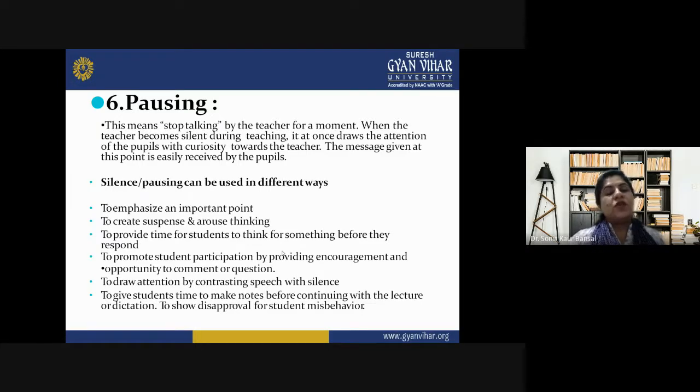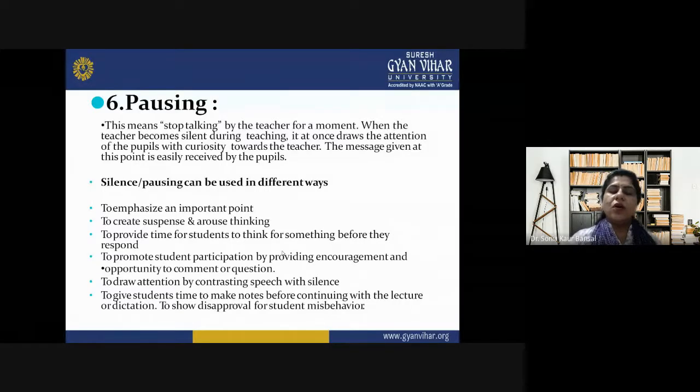Silence, pausing can be used in different ways. Why does a teacher take pauses? To emphasize an important point, to create suspense and arouse thinking, to provide time for students to think before they respond, to promote students' participation by providing encouragement and opportunity to comment or question, to draw attention by contrasting speech with silence, to give students time to make notes before continuing with the lecture or dictation, and to show disapproval for students' misbehavior.